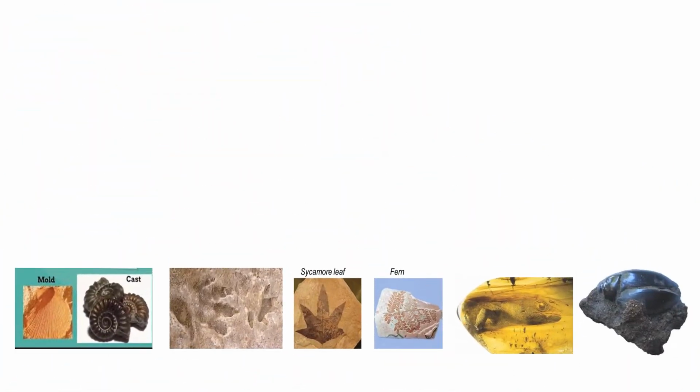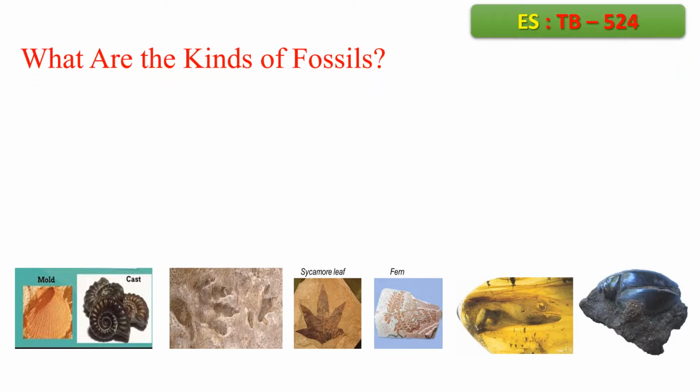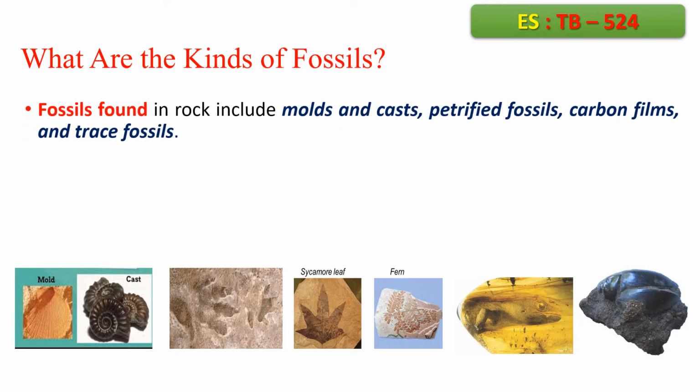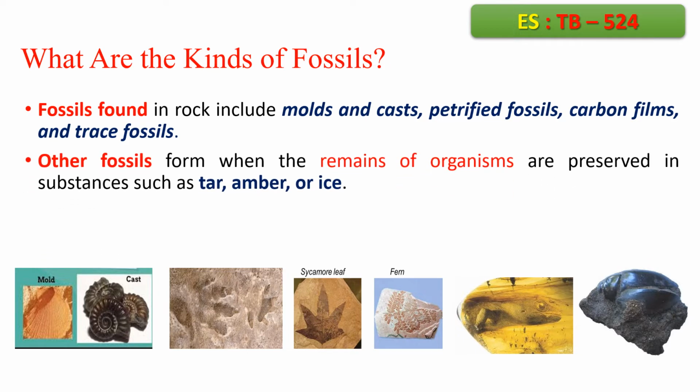Now let us check our second objective. What are the kinds of fossils? Fossils found in rock include molds and casts, petrified fossils, carbon films, and trace fossils.